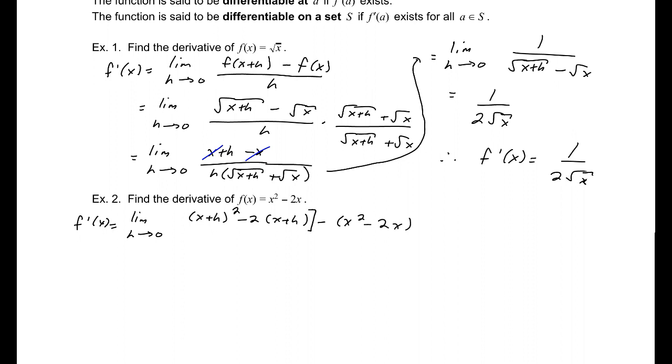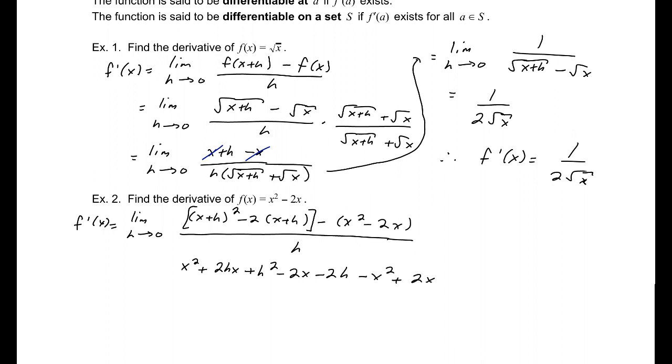And I really should probably have that in brackets, divided by h. All right, well, multiplying some things out, x squared plus 2hx plus h squared minus 2x minus 2h minus x squared plus 2x all over h.